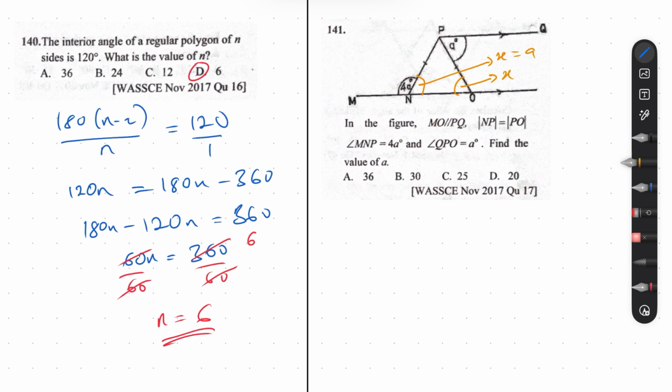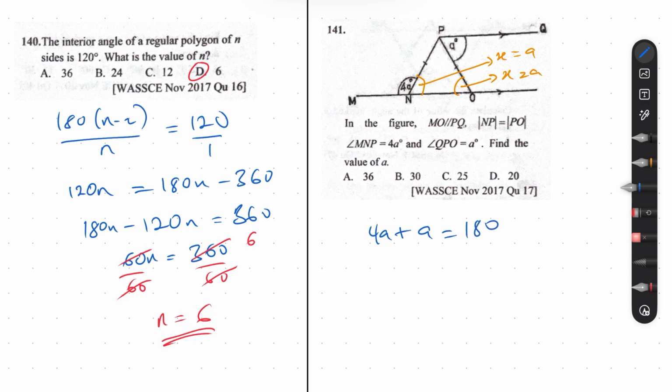Now that we know that x is the same as A, we can add these two angles to get 180, because they are supplementary. So 4a plus x, and we know that x is the same as a, so we can replace it and write plus a, should give us 180.